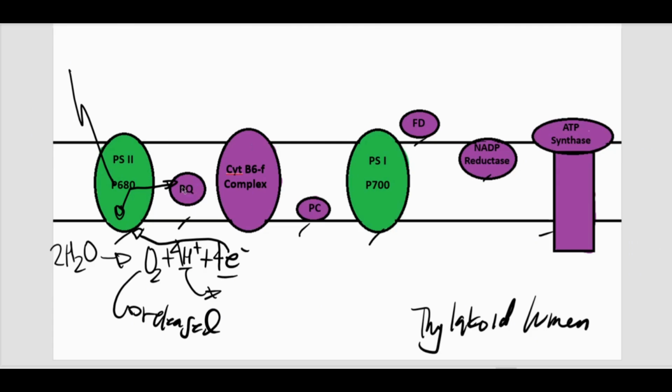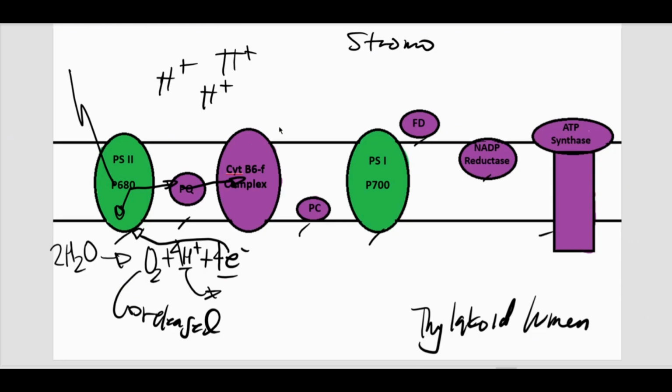Now the electron from the plastoquinone will move to the cytochrome b6f complex. So from here, the electron will move here. And as they move, they will pump hydrogen ions from the stroma. Take note, this space here is the stroma.